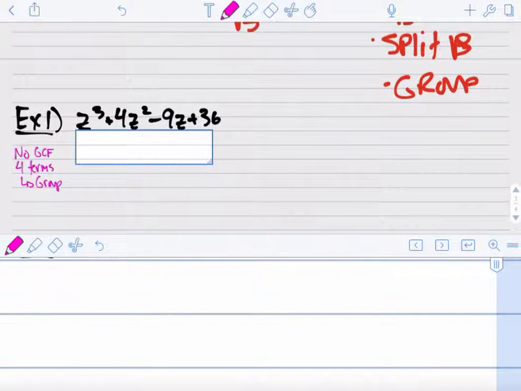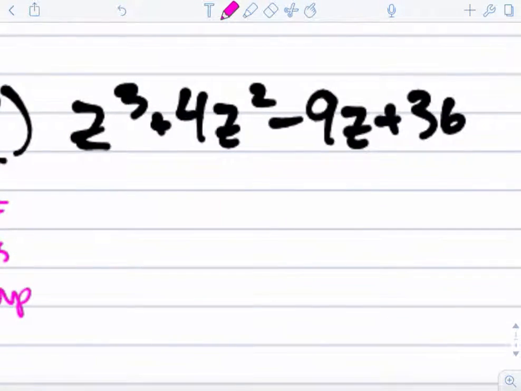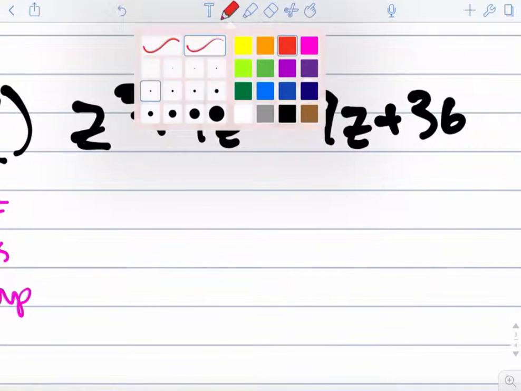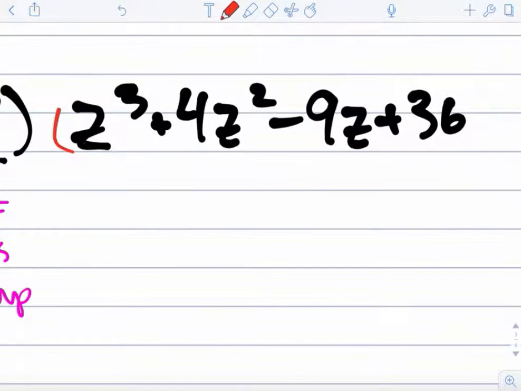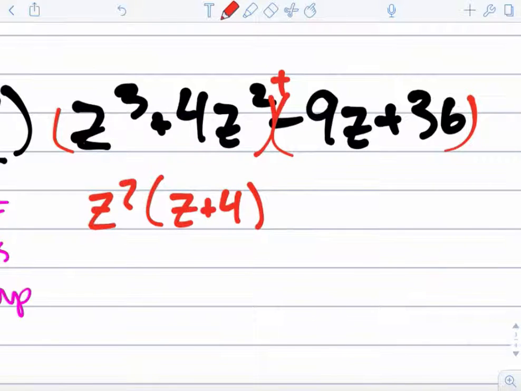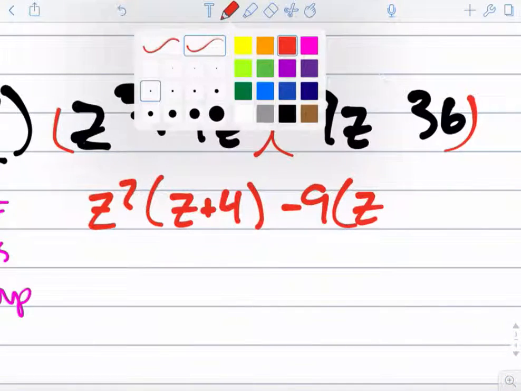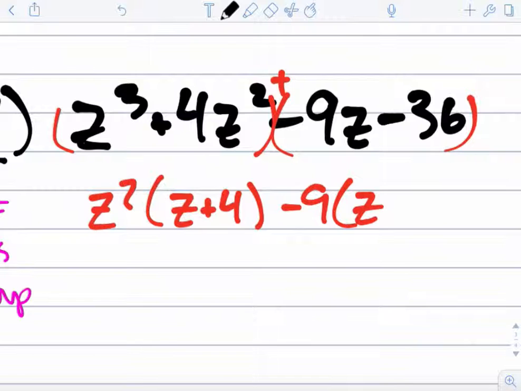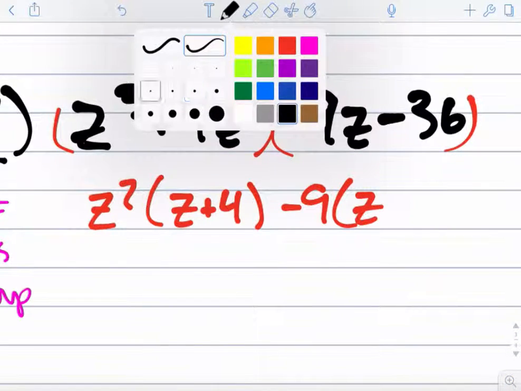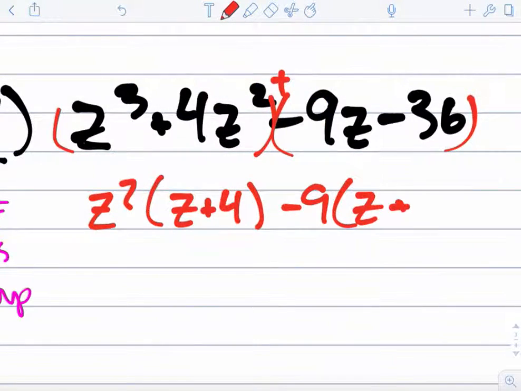Grouping the first two and the last two with addition, I get a z squared out of the first part, left with z plus 4. I get a negative 9 out of the second part, left with z plus 4. Oh, I wrote it down wrong, it's minus 36.